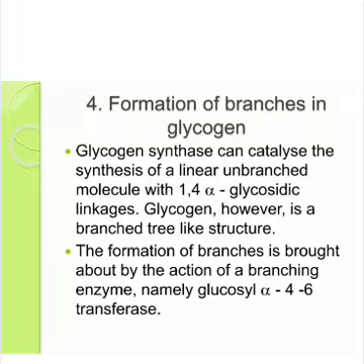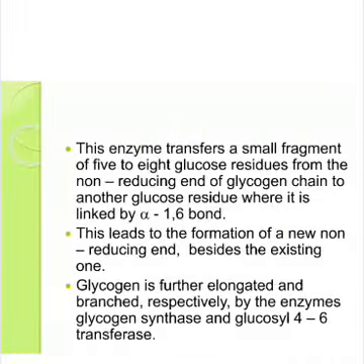Formation of branches in glycogen. Glycogen synthase can catalyze the synthesis of a linear unbranched molecule with 1,4 alpha glycosidic linkages. Glycogen, however, is a branched tree-like structure. The formation of branches is brought about by the action of the branching enzyme, namely glucosyl alpha 4,6 transferase.